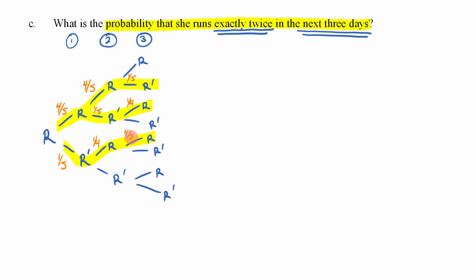So now we can figure out the probabilities of each of these. So we can figure out, okay, what's the probability that she runs, runs, then doesn't run? That's going to be 4 on 5 times 4 on 5 times 1 on 5. What's the probability that she runs, doesn't run, then runs?